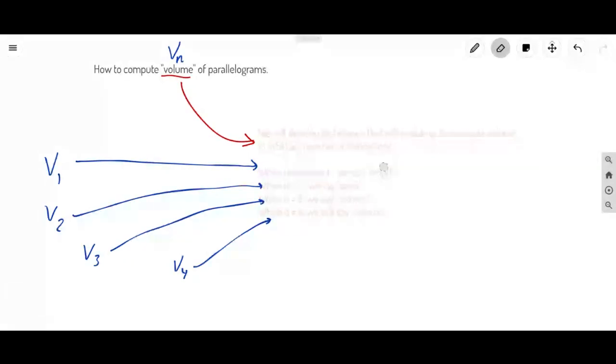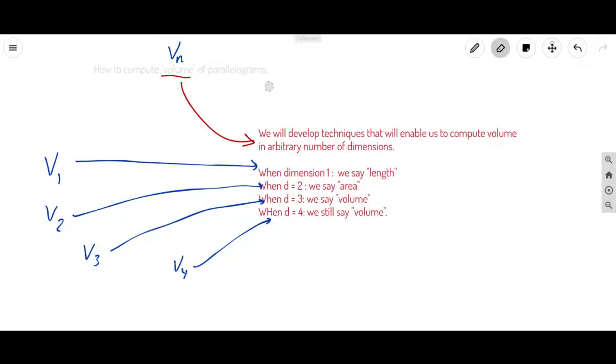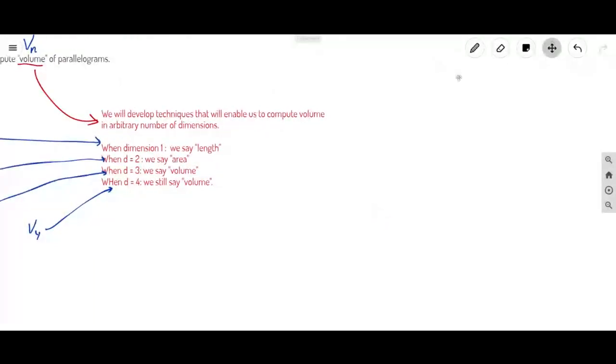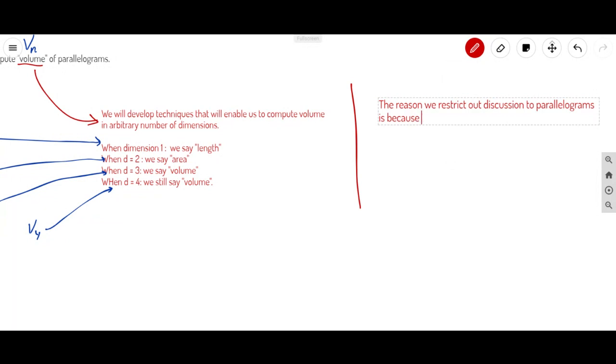That's volume. Now, when we say parallelogram, what are we referring to? Let's say what we mean by a parallelogram. The reason we restrict our discussion to parallelograms is because they are made out of straight lines, so it is an easier problem to solve.